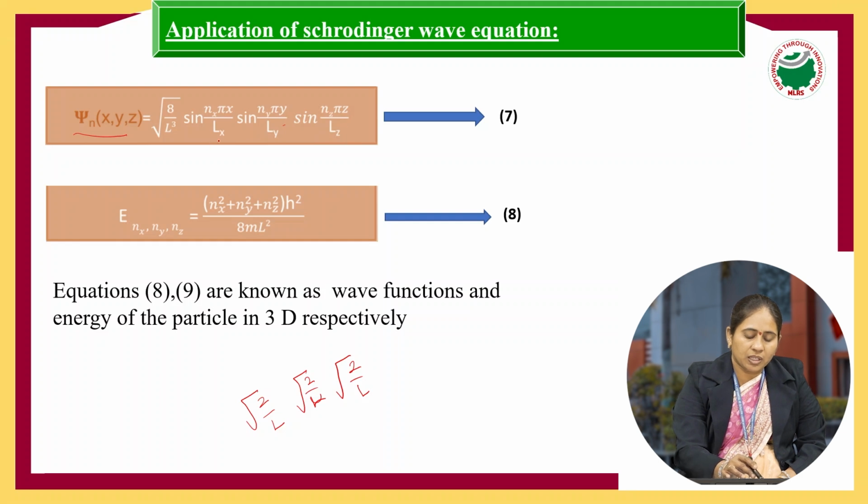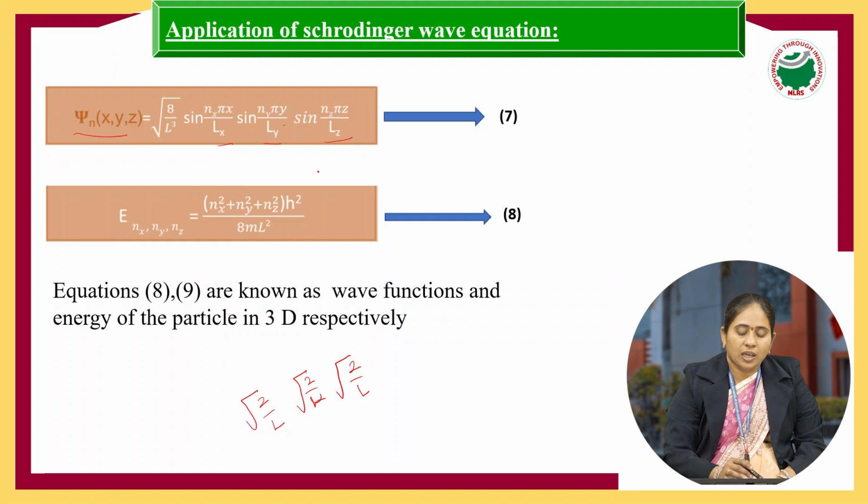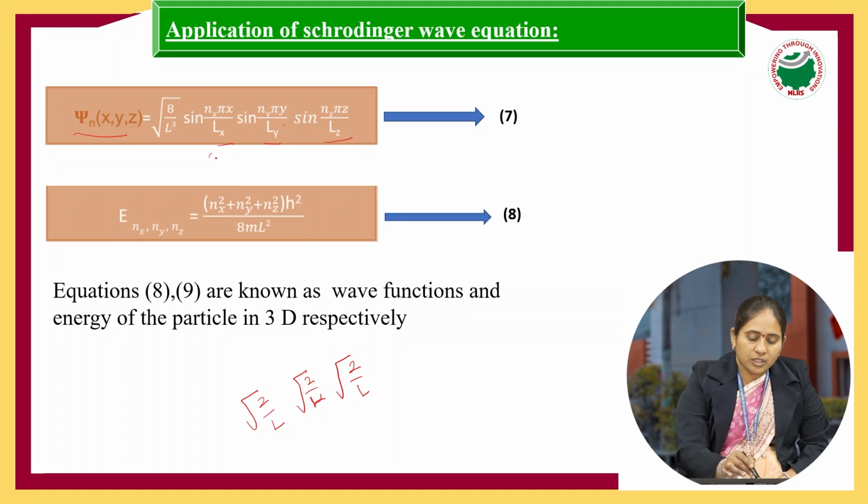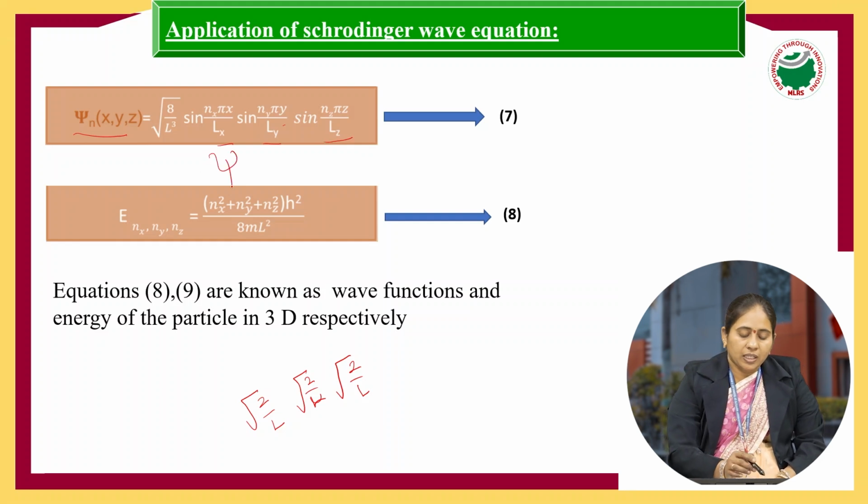The width of the box along the x direction is Lx, along y is Ly, along z is Lz. So this is the wave function in 3 dimensions. And in 3 dimensions the energy is, in place of n square, nx square plus ny square plus nz square, into h square by 8 m L square.